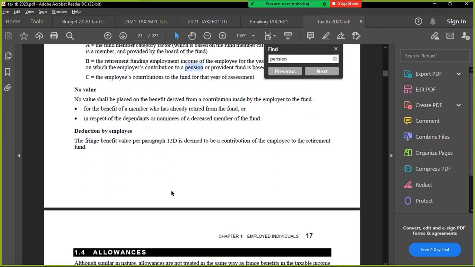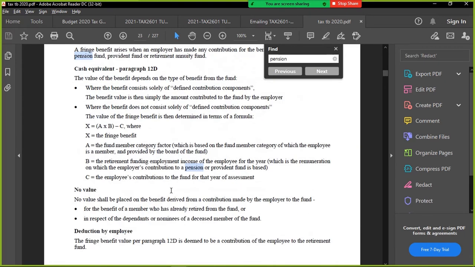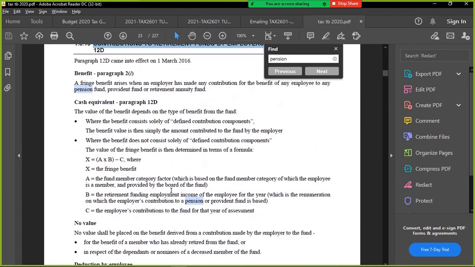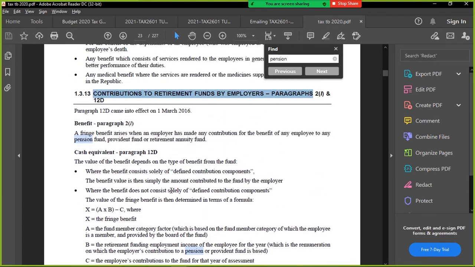Okay, if it's paid on behalf of the employee, where the benefits consist solely of defined contribution components, the benefit value is simply the amount contributed by the owner. Okay, that's fine. So it's the full amount. Agree?